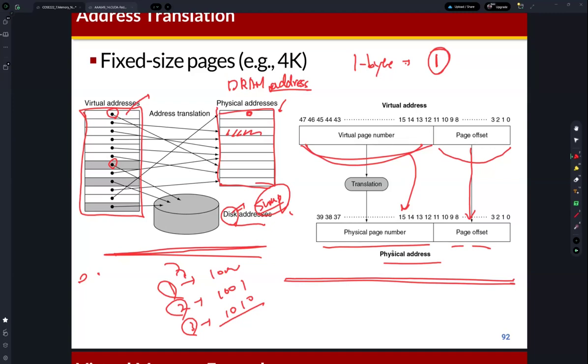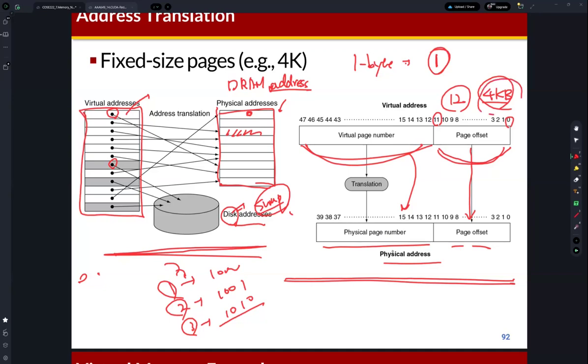Okay, so because the lower bits are bit number 11 to 0, there are 12 bits. So the size of this part is 4 kilobytes. So when the virtual address is translated into the physical address, it is in a granularity of 4 kilobytes.